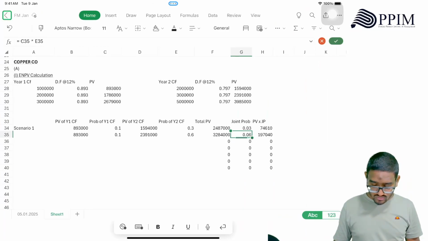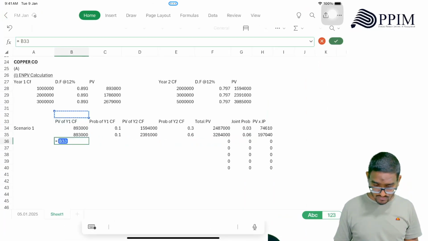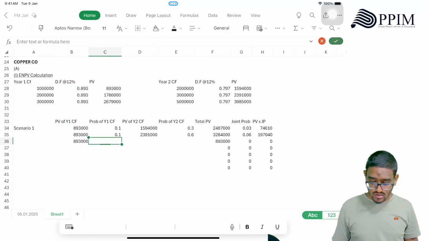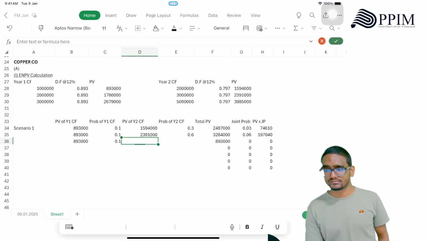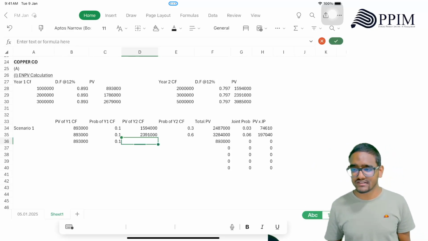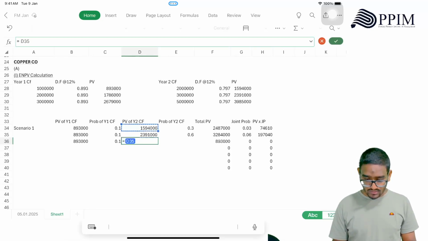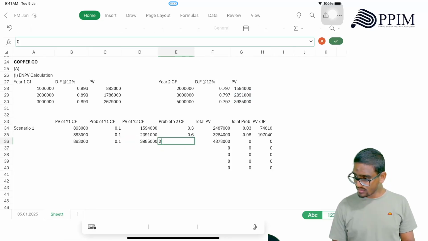Right. Then you can do the next one. You don't have to, because you have to use a joint probability table. You can take the present value itself straight away and do it. Yeah. And this will be 3.985, which is 0.1.